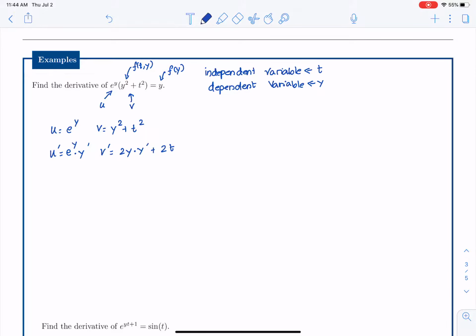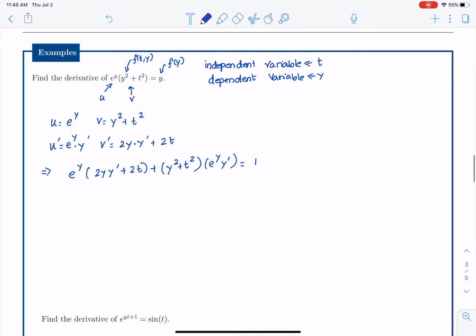Now if we use product rule, we have u v prime, so e raised y multiplied by 2y y prime plus 2t plus v u prime, y squared plus t squared multiplied by e raised y y prime. And the right hand side, the derivative of y is simply 1.